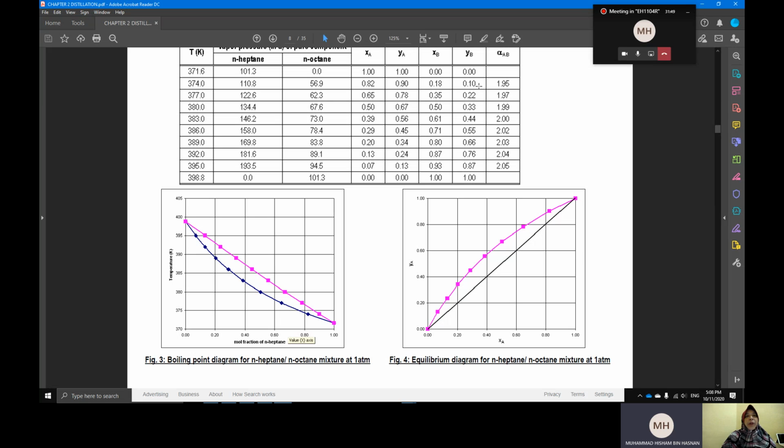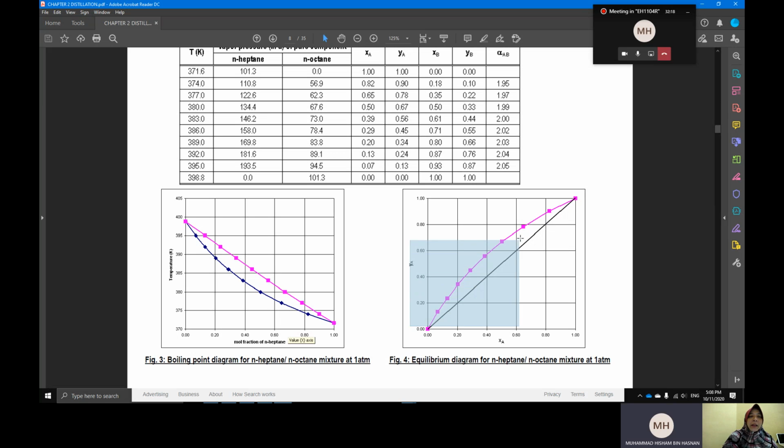YA plus YB, you get 1. Okay, so this line, solid line here, represent the 45-degree line. Nak tunjuk pada awak bahawa pemisah ini adalah pemisah yang sama bahagian dia. Satu maksimum. Jadi dia diagonal kepada value itu. Okay, kena buatlah. Later kita akan guna.